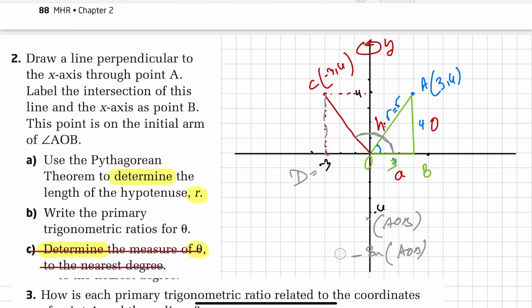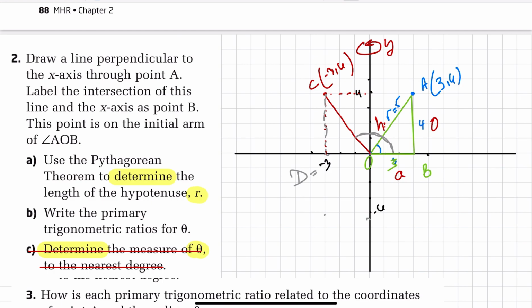How can we do that? We can just draw the same thing. We need to have -4 and -3, and it will give us the same angle here, or -4 and 3.